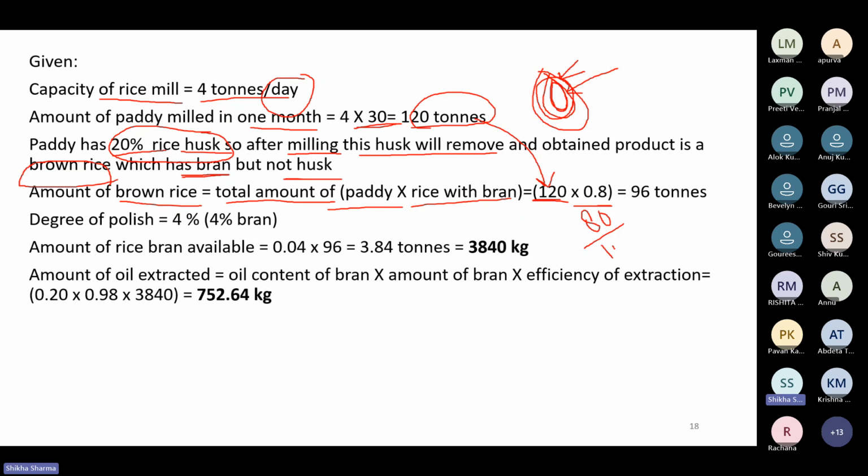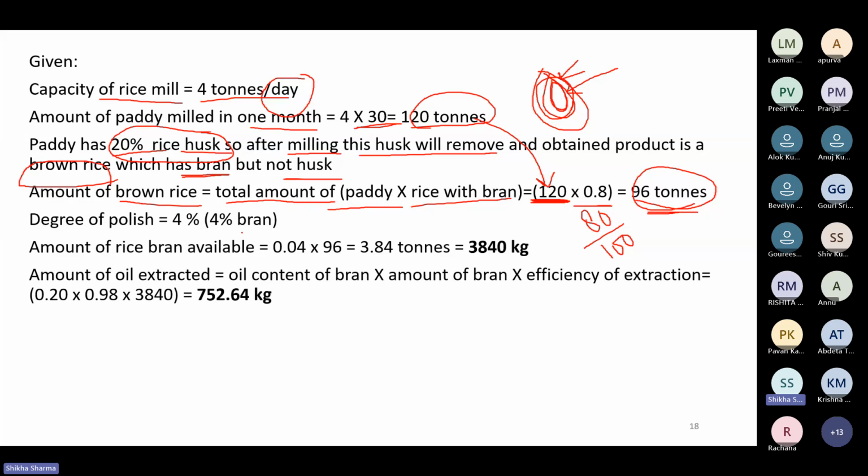The total amount of paddy, which is 120 tons, which we are processing in 1 month, into 0.8 is 96 tons. So 96 tons we get the brown rice when we process 120 tons of the paddy.